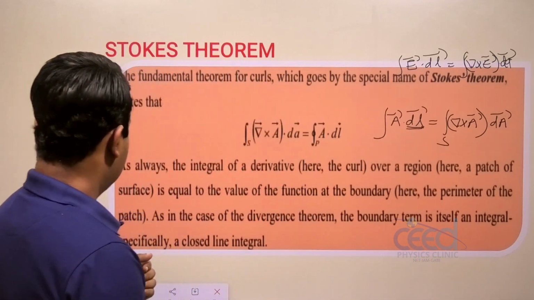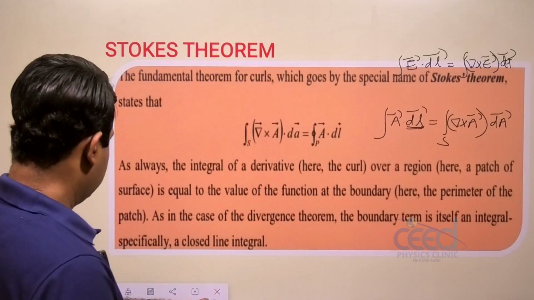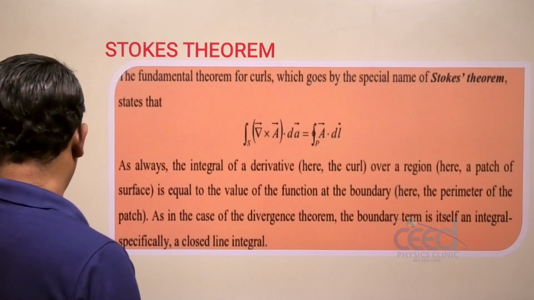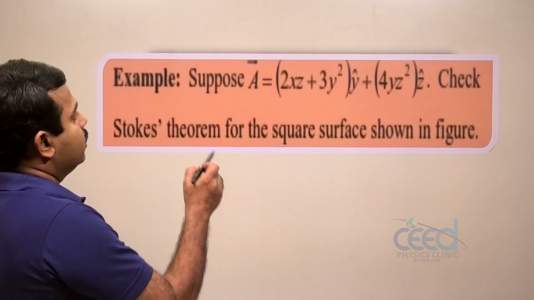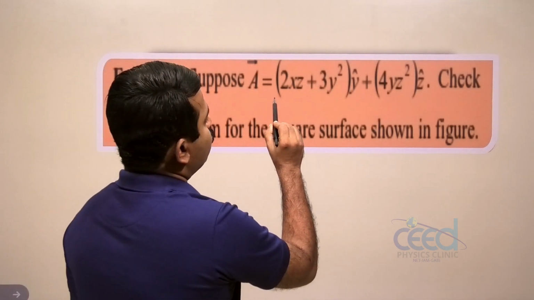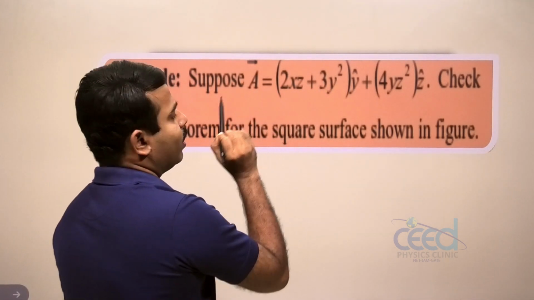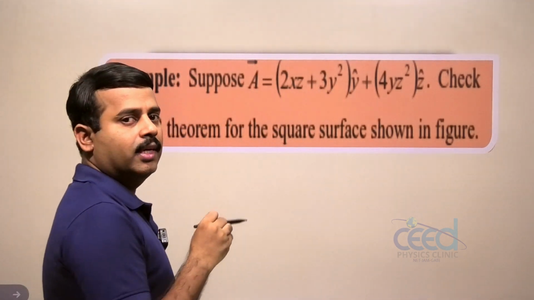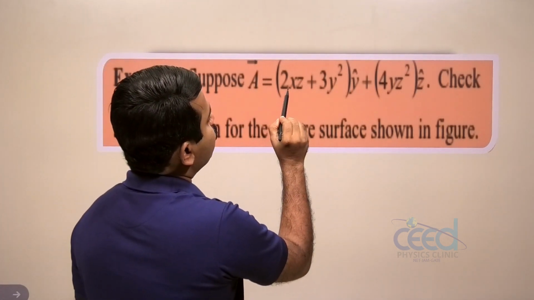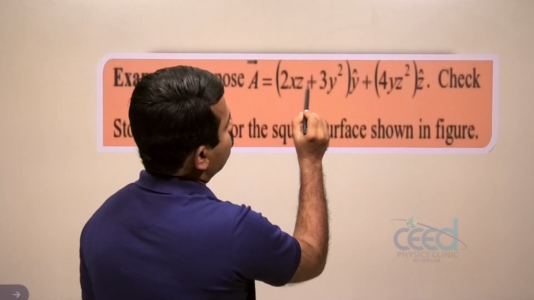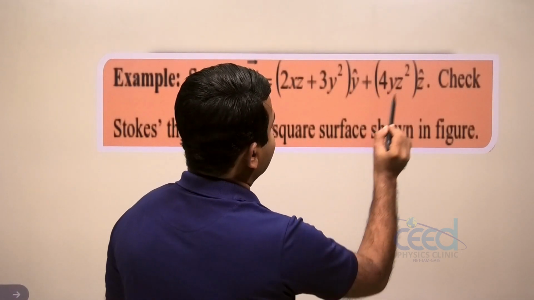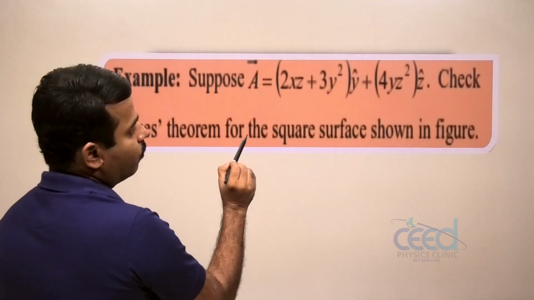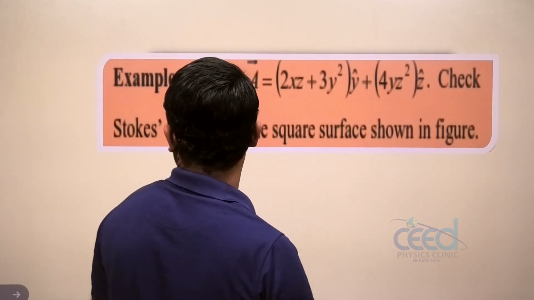So let us go to a problem. Suppose a vector field is given: A is equal to 2xz x cap plus 3y square y cap plus 4yz square z cap. Check Stokes theorem for the square surface shown in the figure.